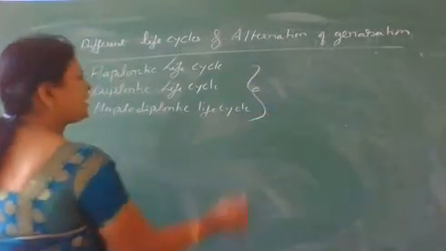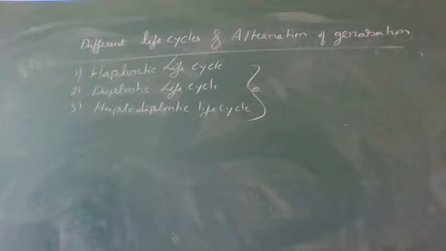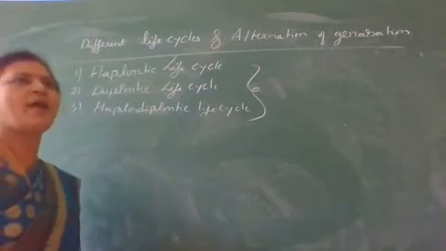These are the three types of life cycles we can observe in case of plants.